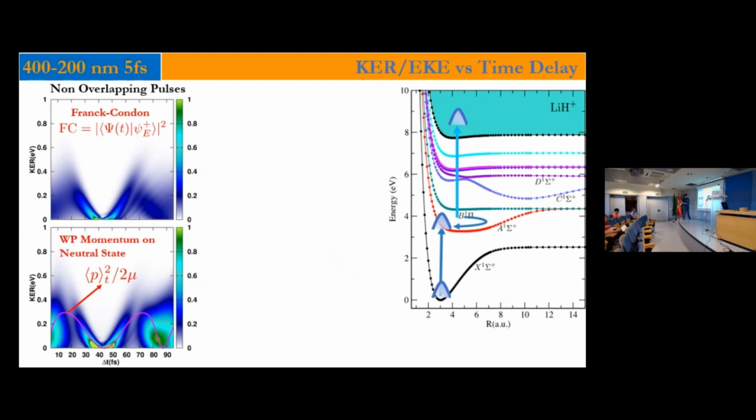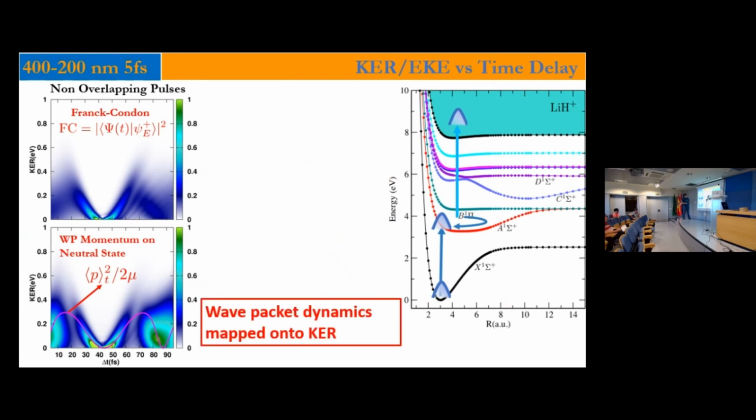And if you plot the mean value of the kinetic energy of the wave packet on the excited state, which is the pink curve, you can nicely reproduce the shape of the kinetic energy release that you actually measure. So what we can get from this is that the wave packet dynamics is being completely mapped onto the kinetic energy release of the fragments of your measurement.